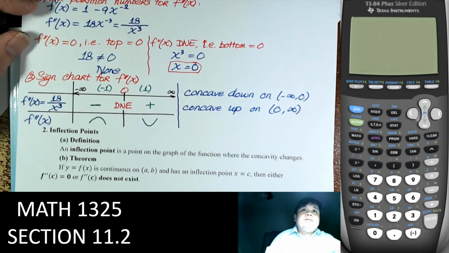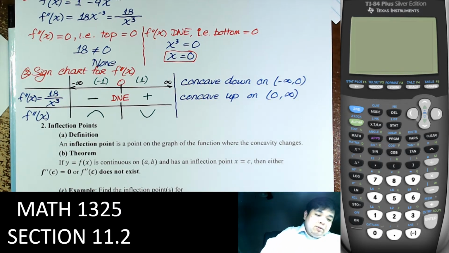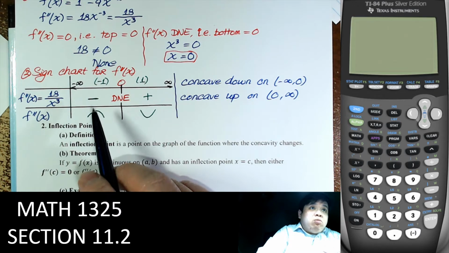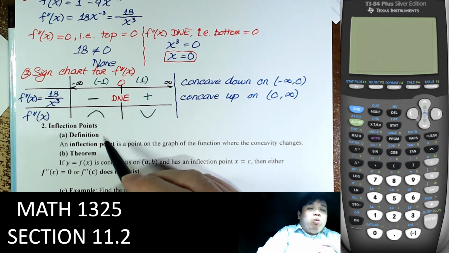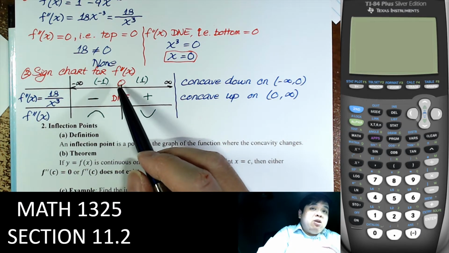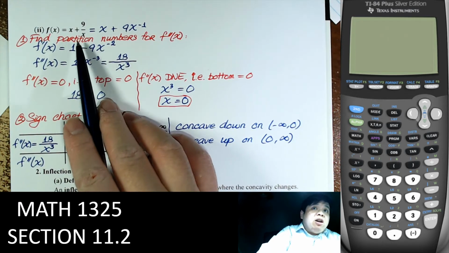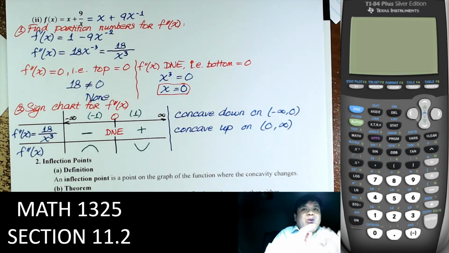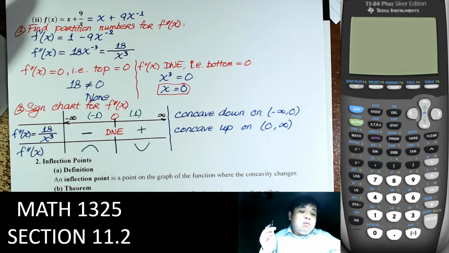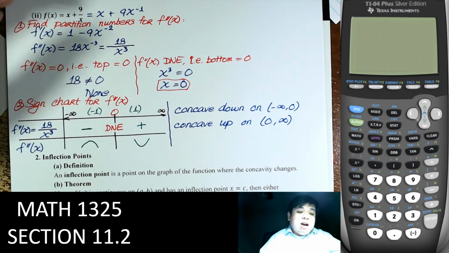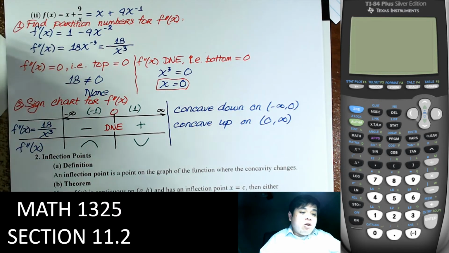Now, as mentioned before, we really don't need what happened at 0. The function is undefined at 0, by the way, but we don't need that. We only need the interval where it is concave up and concave down, and that's all we do. The sign chart for the second derivative.